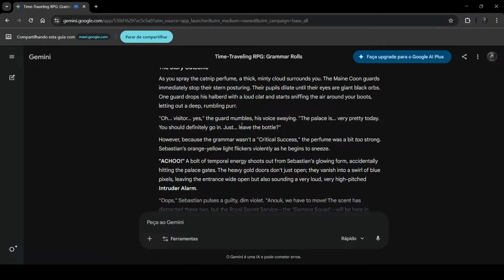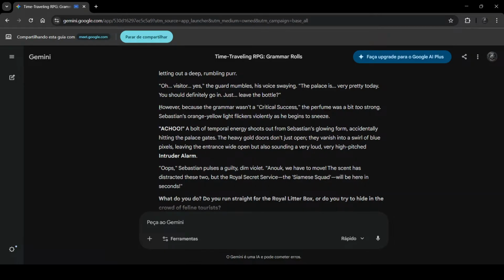However, because the grammar wasn't a critical success, the perfume was a bit too strong. Sebastian's orange-yellow light flickers violently as he begins to sneeze. Achoo!